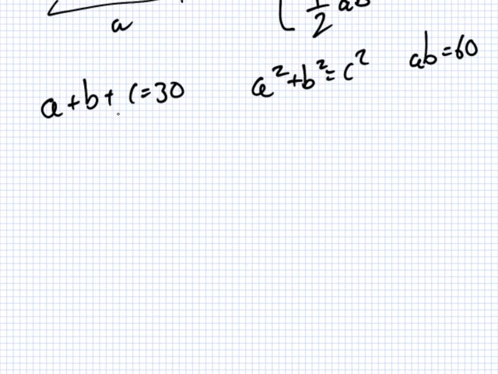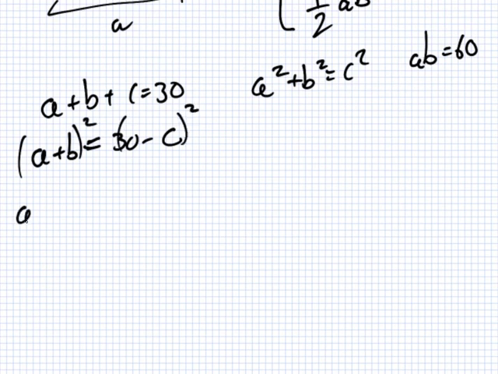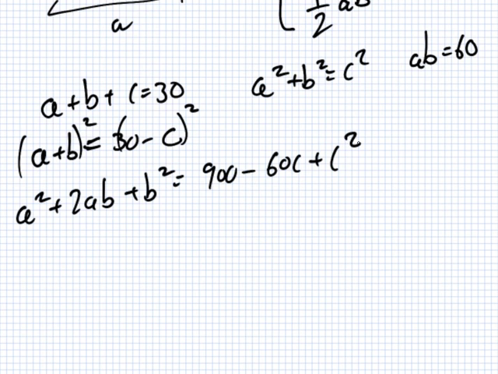So here, you have A plus B equals 30 minus C. Oh, you see a 2 now. If you square both sides, that's what you're thinking of, yeah? You get A squared plus 2AB plus B squared equals 900 minus 60C plus C squared.